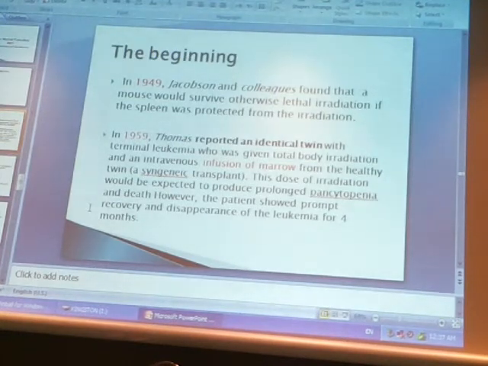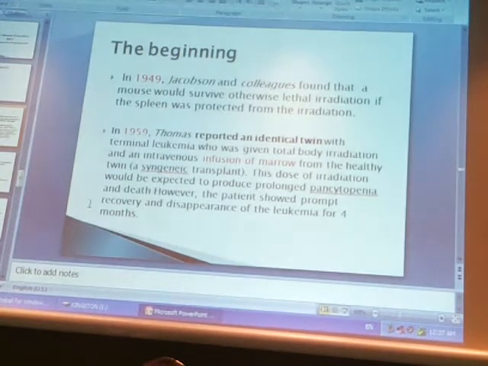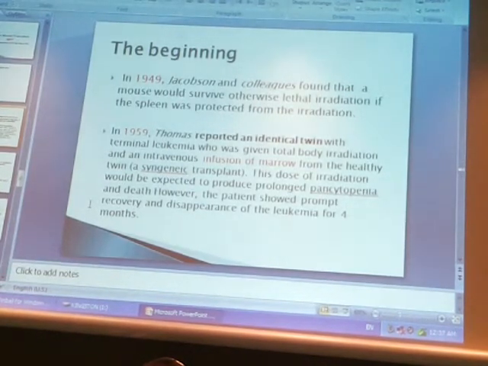By chance, they discovered that if you cover an organ that is rich with stem cells and you expose this body to high-dose chemotherapy or high-dose radiation therapy, you ablate the whole bone marrow and it restarts if there are still stem cells in the body. That was the beginning.